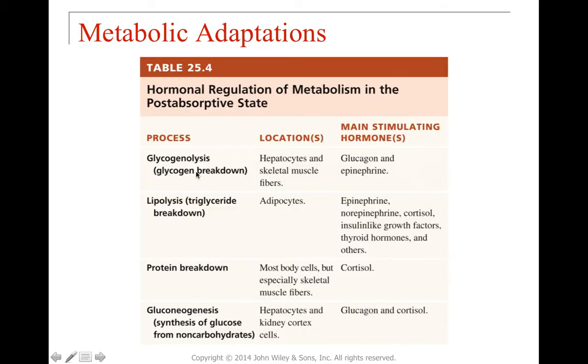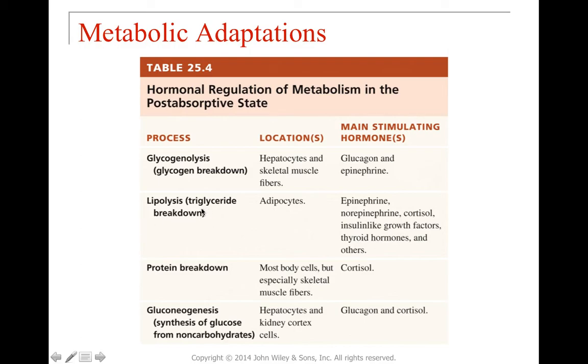So glycogenolysis is the breakdown of glycogen, right? Lysis being breaking down. And that's found in hepatocytes and also skeletal muscle fibers, and it's going to be stimulated by glucagon and epinephrine. So the post-absorptive state is going to be regulated by different hormones than the absorptive state, right?